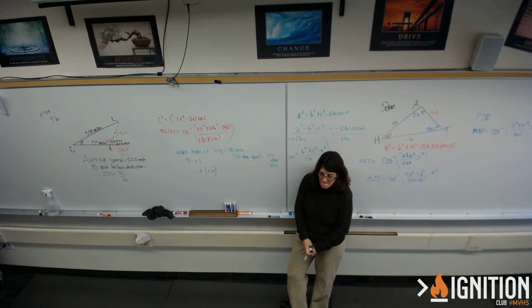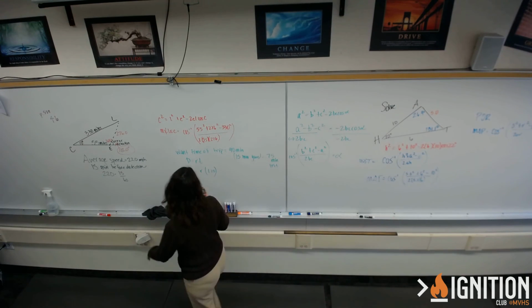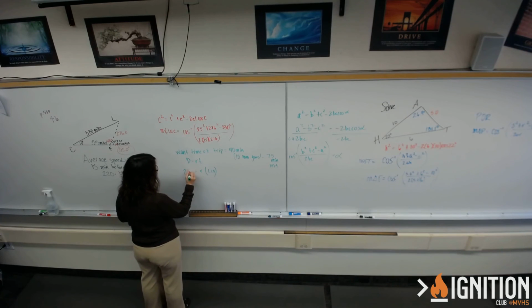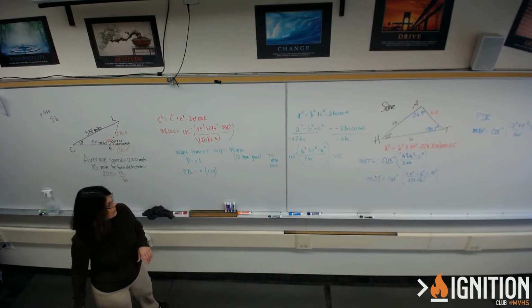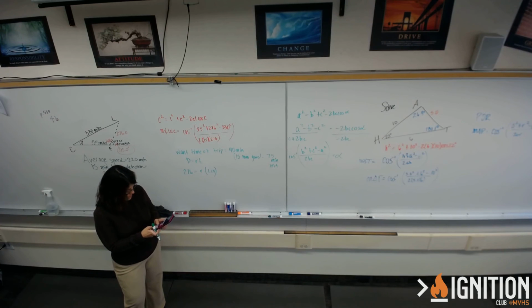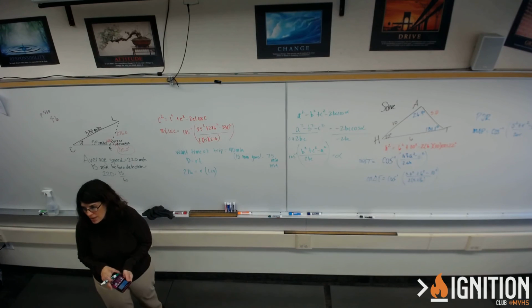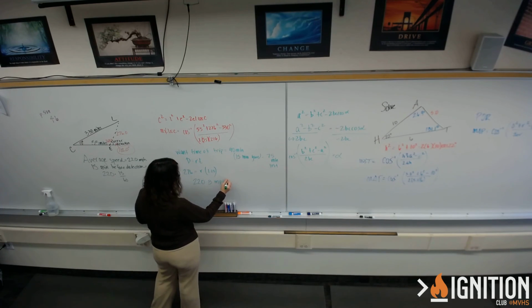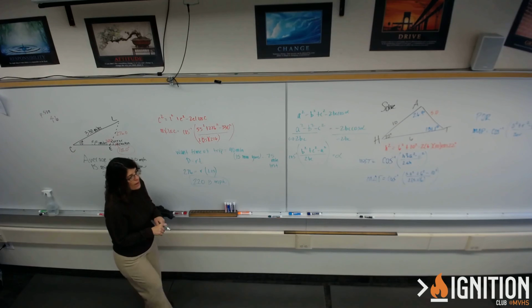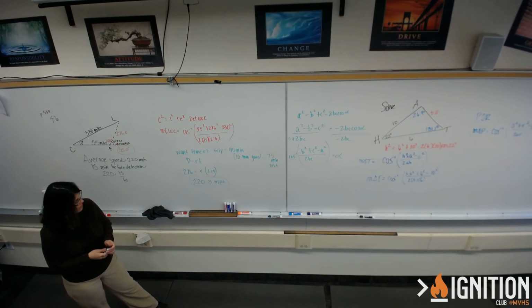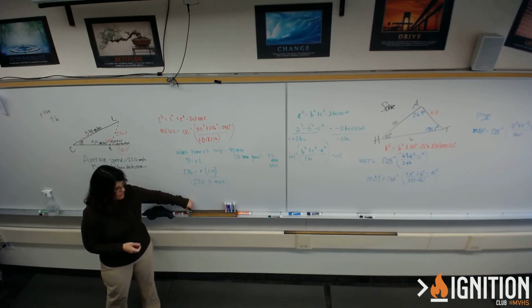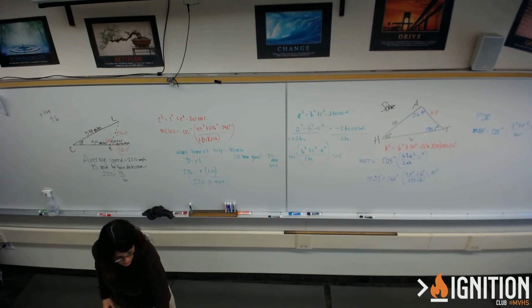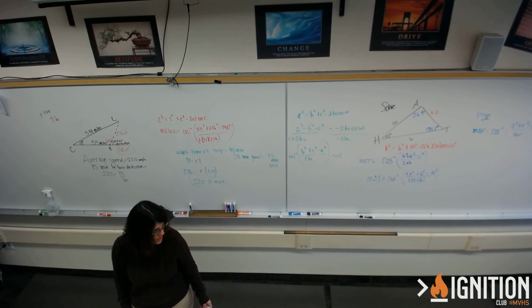C, 276. So 220.8 miles per hour. When you're going 15 miles, you're not going to go 800 miles an hour, yeah?